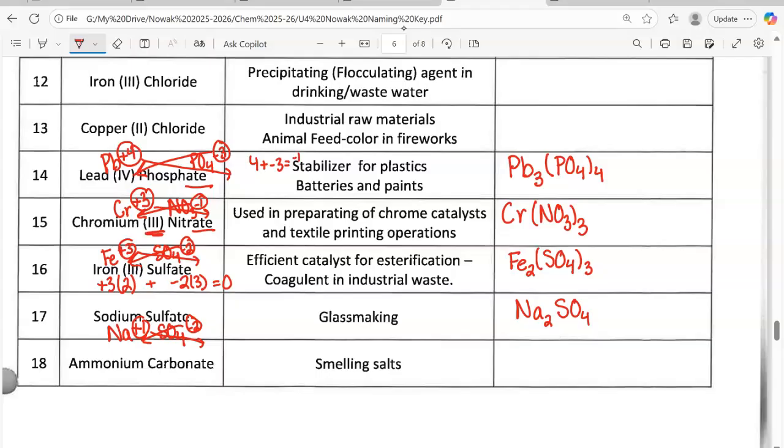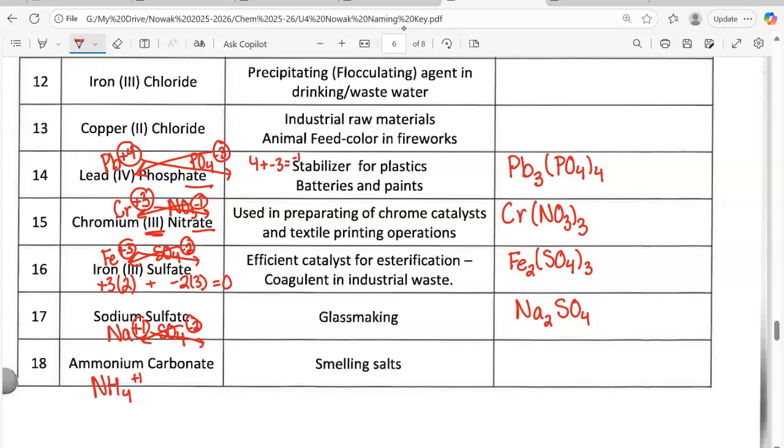The last one we're going to look at here is ammonium carbonate. Ammonium is weird. It's one of those polyatomic ions that comes first. If it ends in ium, you might want to take a peek at the back. Ammonium is NH4 +1.